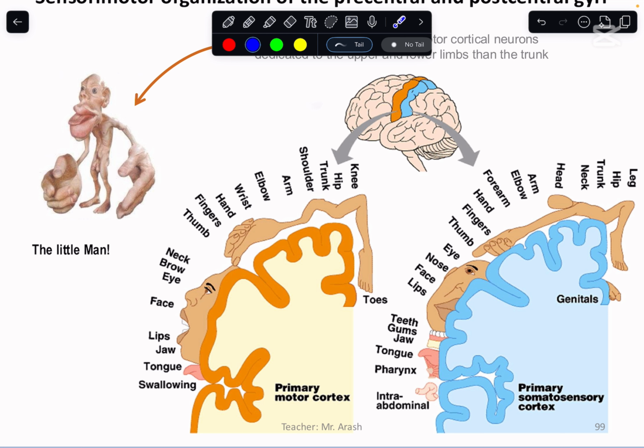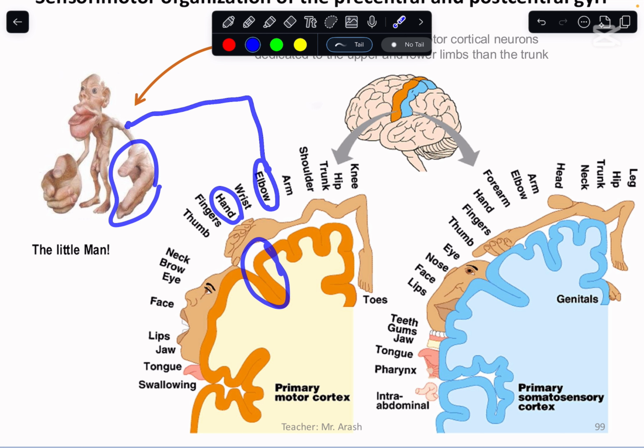Why would you want to dedicate a larger cortical area to your hand compared to, I don't know, your elbow? Where's your elbow? Right here. Let's call this area A and this one area B. Why should cortical area A be a lot bigger than cortical area B? Remember, this is the motor cortex, the part that allows that part of the body to move.